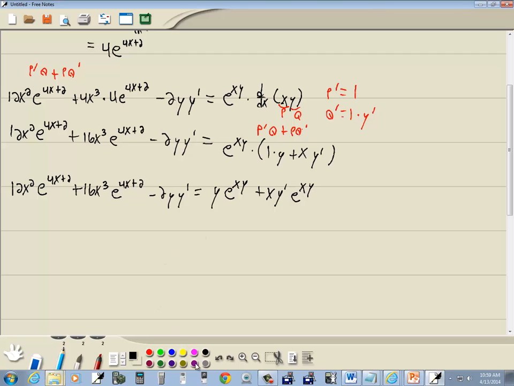Okay, now we want to get everything with y prime on one side, everything else on the other side, and it doesn't matter which side you take things to. Probably easiest for me to take negative 2y y prime to the right side and this y e to the xy to the left side.